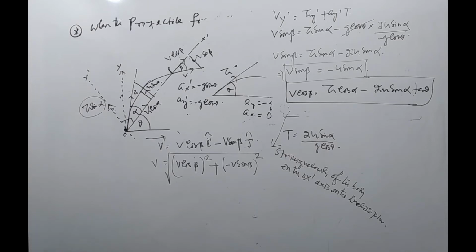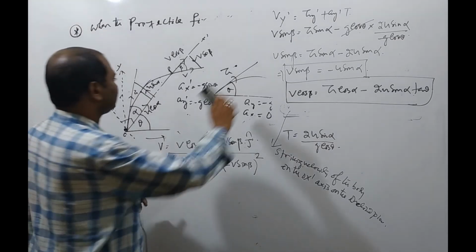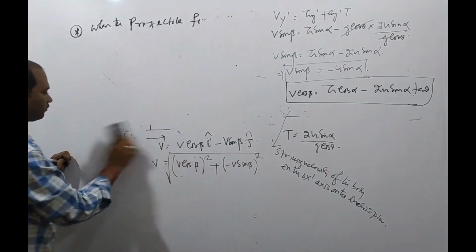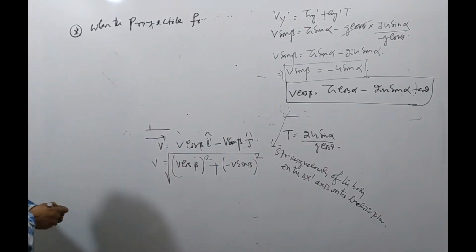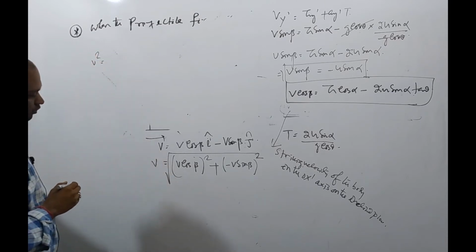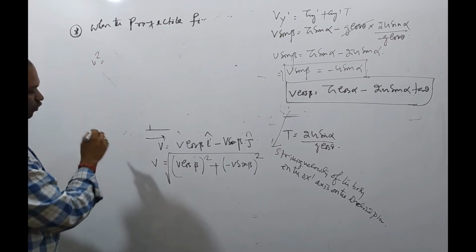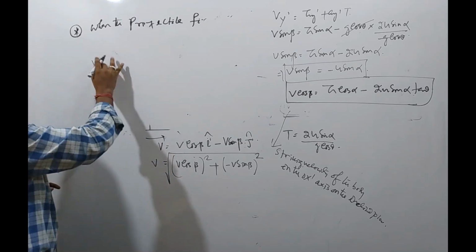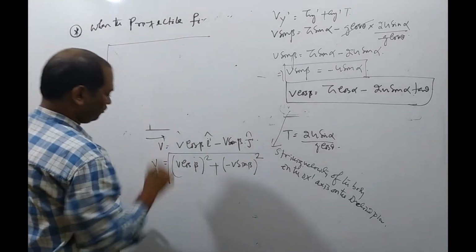Okay students, then put here, then v square is equal to v cos beta. v is equal to root over of v cos beta.